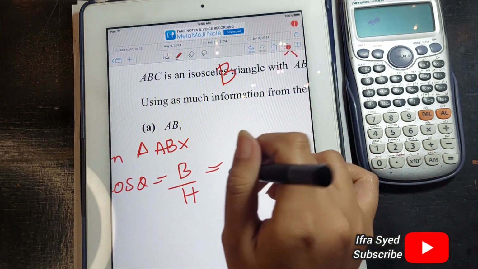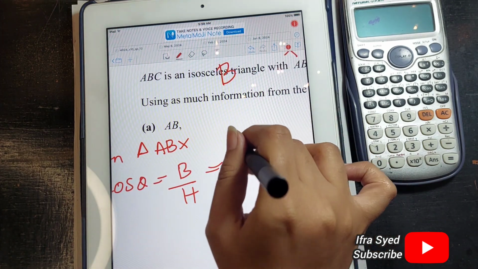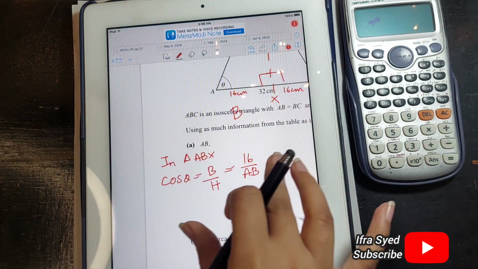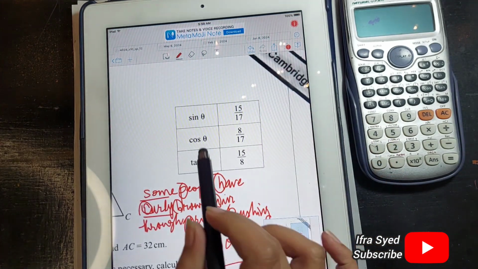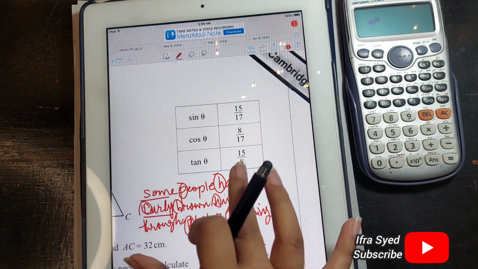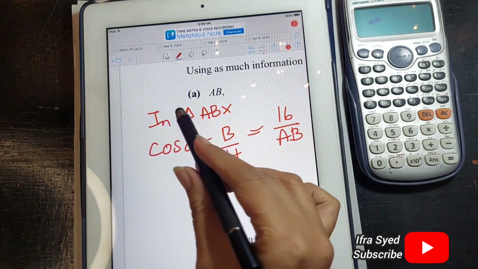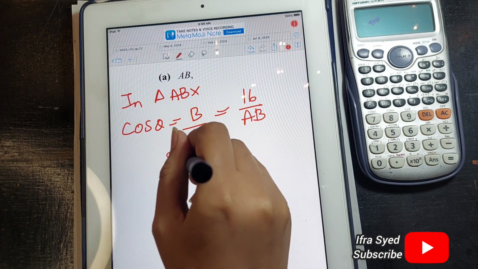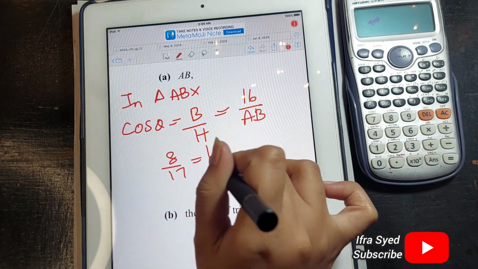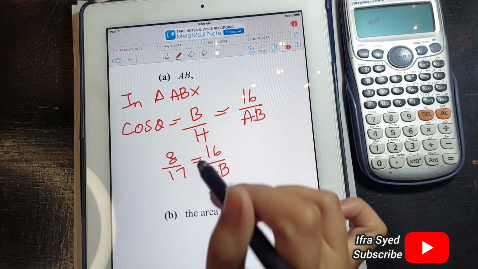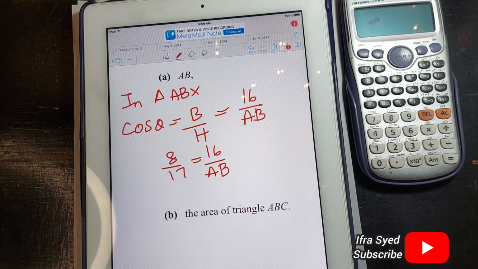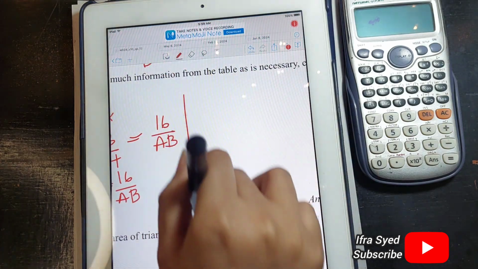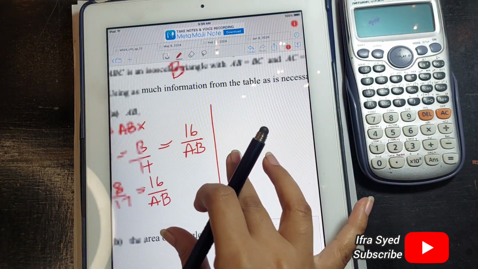So base is 16 divided by AB, and in the table it is written that the value of cos theta is 8 by 17. So I write 8 by 17 in place of cos theta. So 8 by 17 is equal to 16 by AB. We can easily find out the value of AB by cross multiplying these two fractions. So it will become AB into 8.